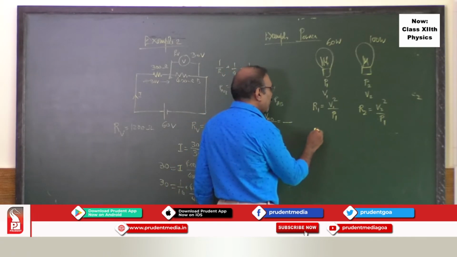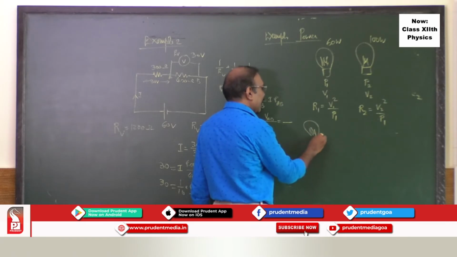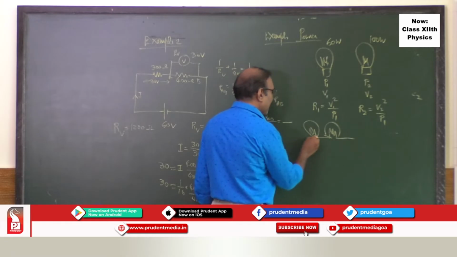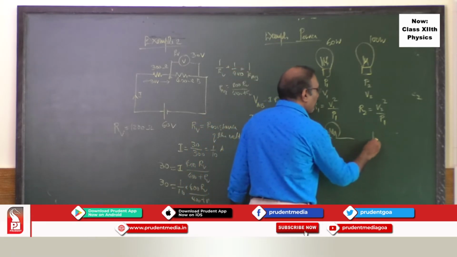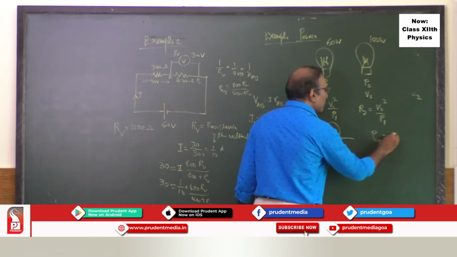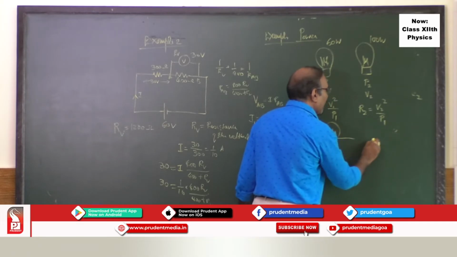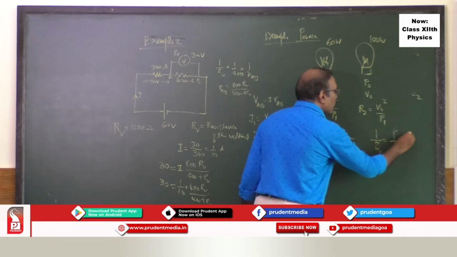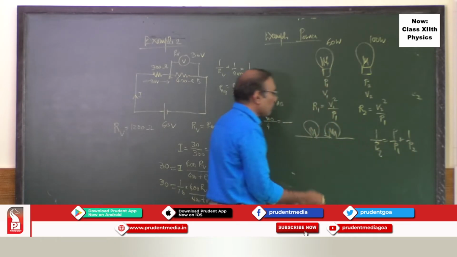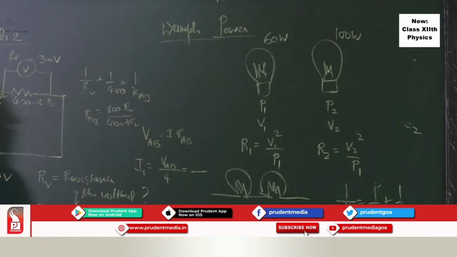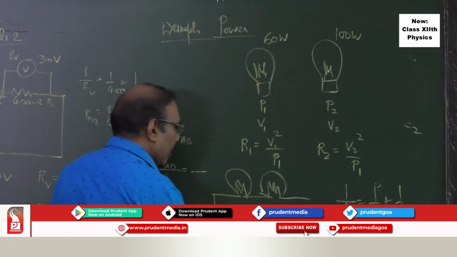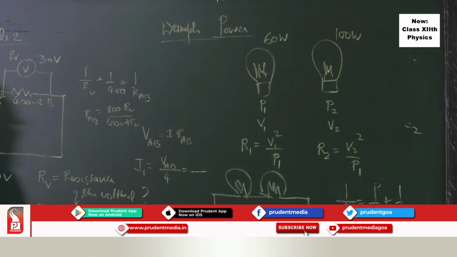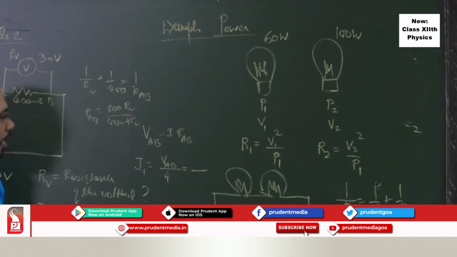Now, suppose these particular bulbs are connected in series. If they are connected in series, you can find the effective power as 1 upon P1 plus 1 upon P2. Suppose you are asked to find out the effective power if they are connected in series across some voltage V. You can use that particular formula.